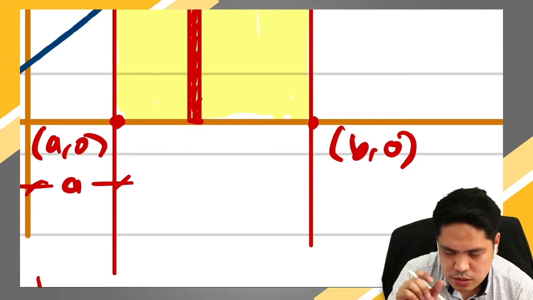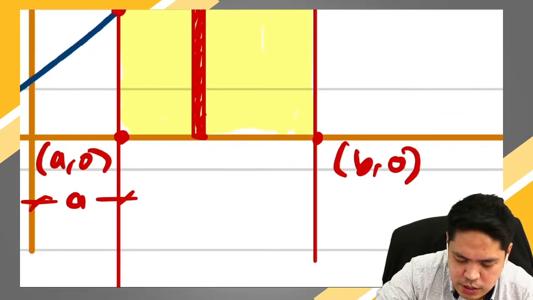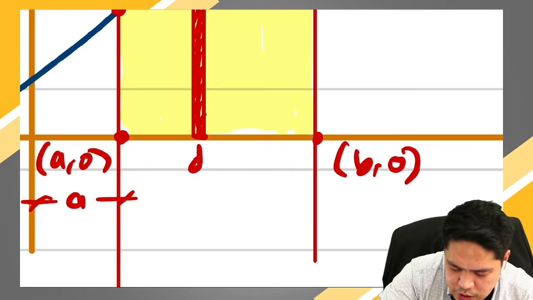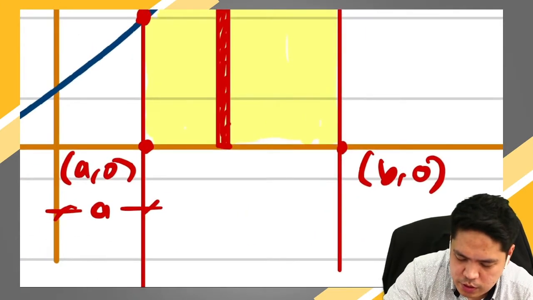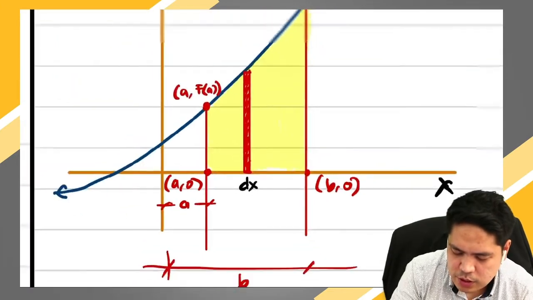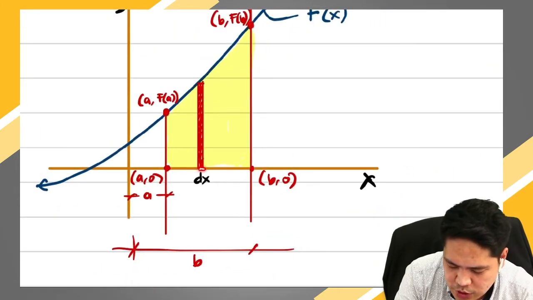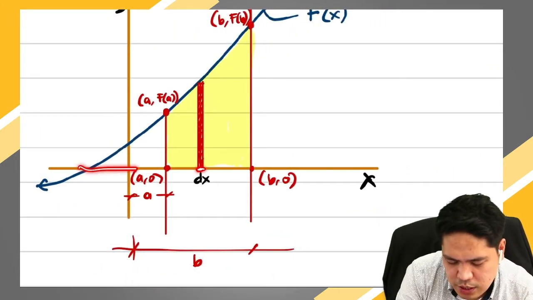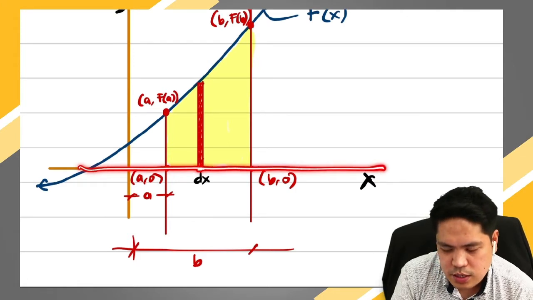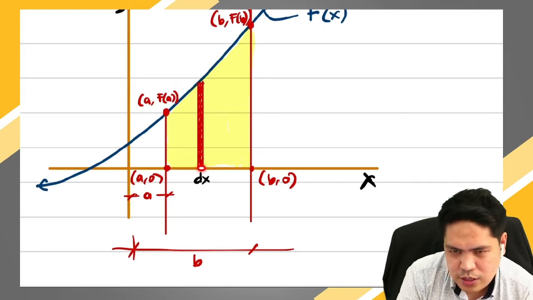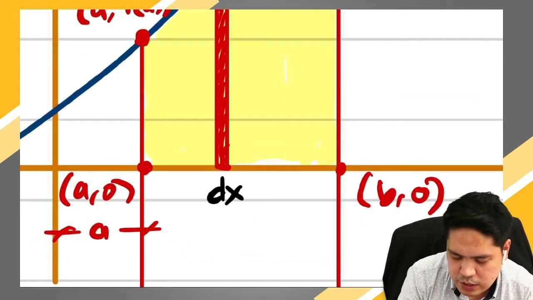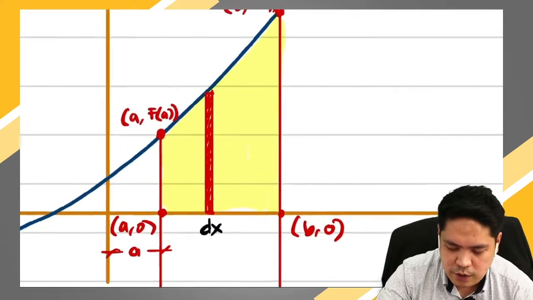And because that thickness is very small, I'll call that dx. Why dx? I'll use another ink. So dx, because that is a very small change in x. That is along the x-axis, right? Along the x-axis. So therefore, its thickness is equivalent to a very small or incremental change in x. Okay?